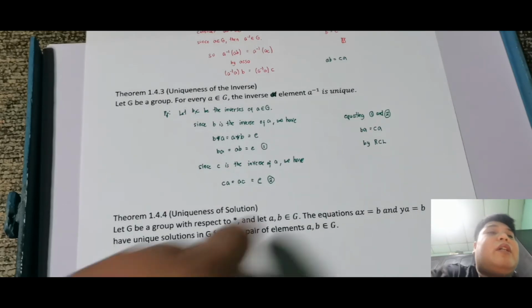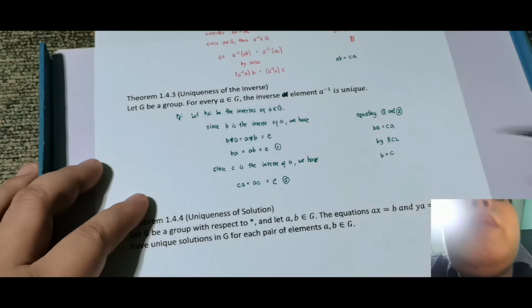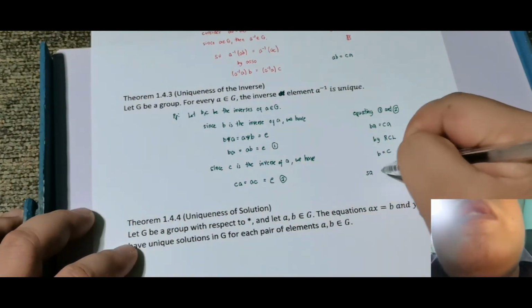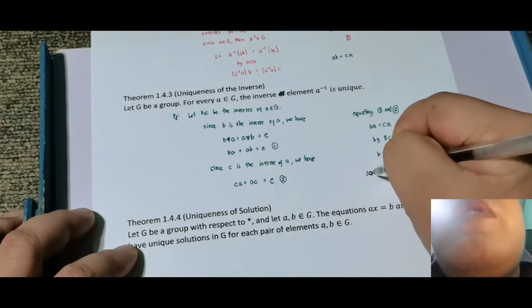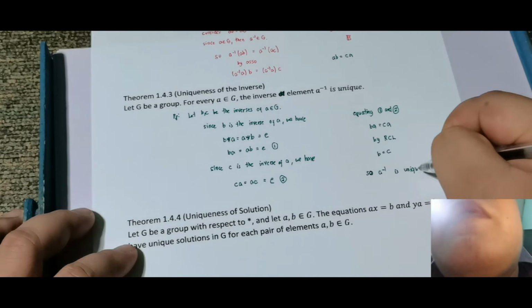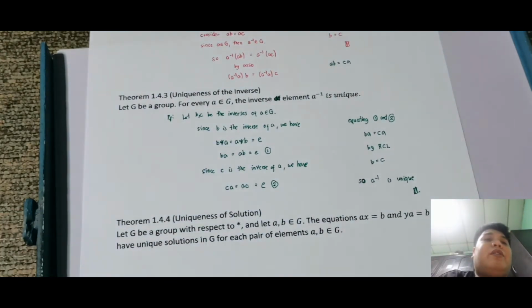So again, by RCL, cancel na lang yung A na yan. So we have B is equal to C. So meaning equal yung B and C, equal yung dalawang inverse. So A inverse is unique. Therefore, this is done. Okay, so ganun lang siya.